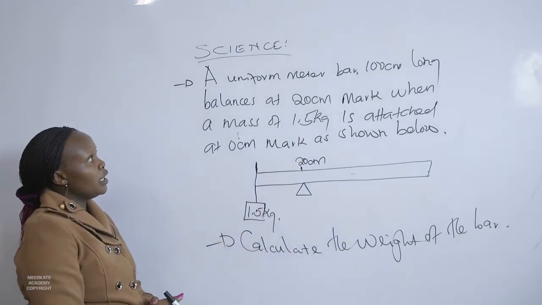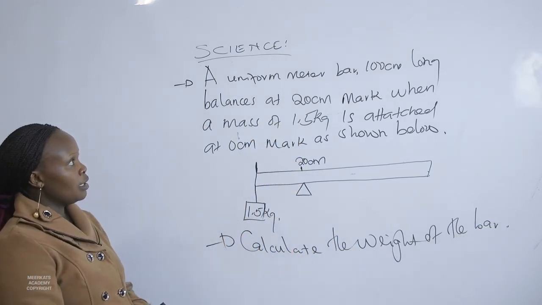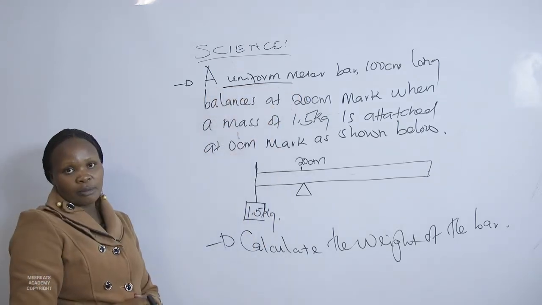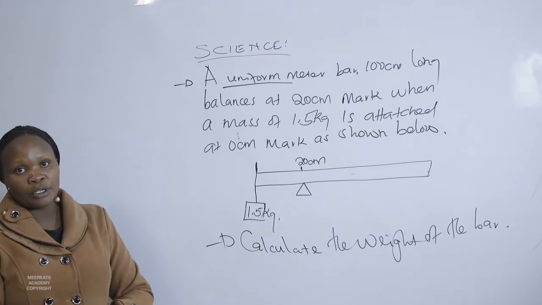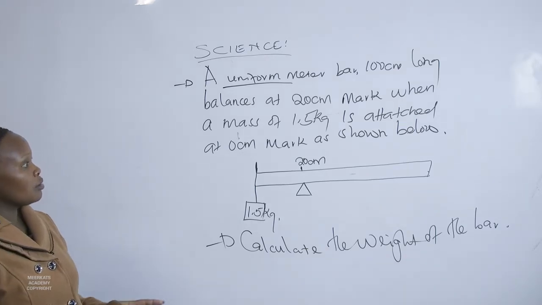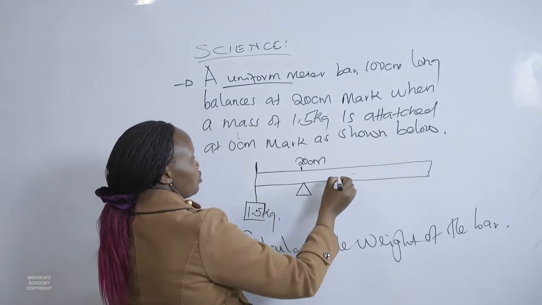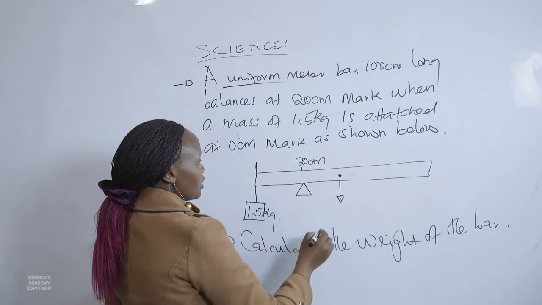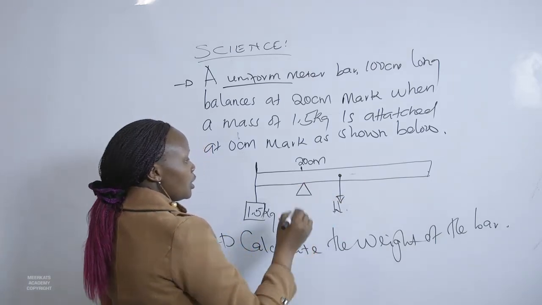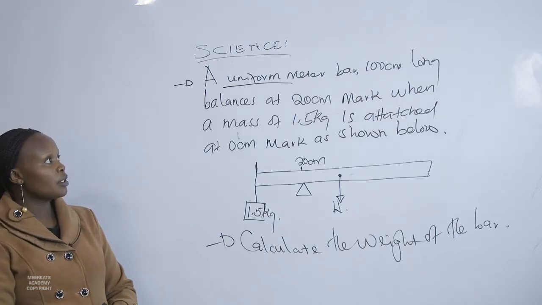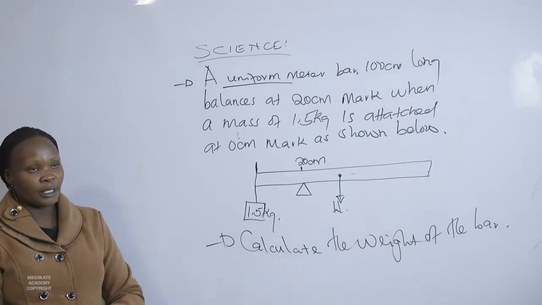But we have a uniform meter rule. Uniformity here is supposed to inform us on the point of application of the weight of the same. Now, by virtue of it being uniform, it means at the center, that is where we shall have application of the weight of this particular meter bar.